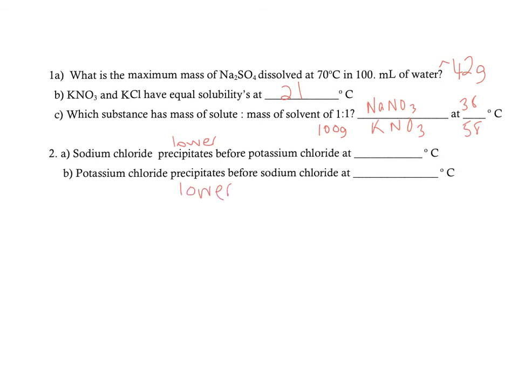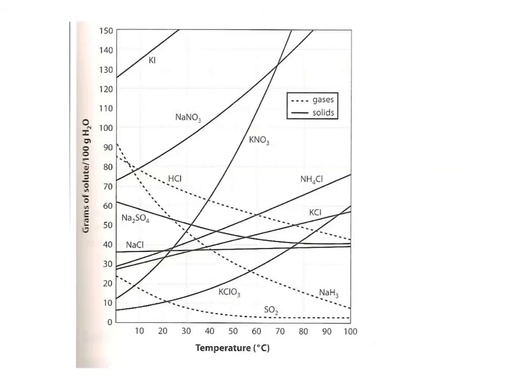So it's going to switch once they cross. So we've got to figure out which temperature they have equal solubility at, and then the temperature range for NaCl to be lower and the temperature range for KCl to be lower. Okay, so we're going to highlight sodium chloride and potassium chloride.